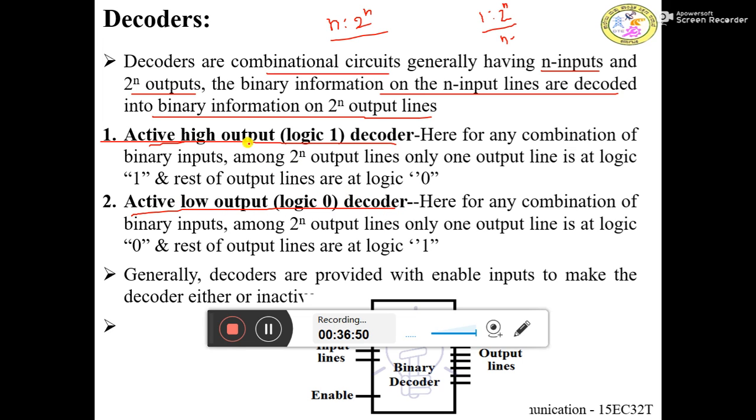In case of an active high output or logic 1 decoder, according to the binary information on the input lines, one among the 2 to the power of n output lines will be active high, and all the rest of the outputs will be 0.